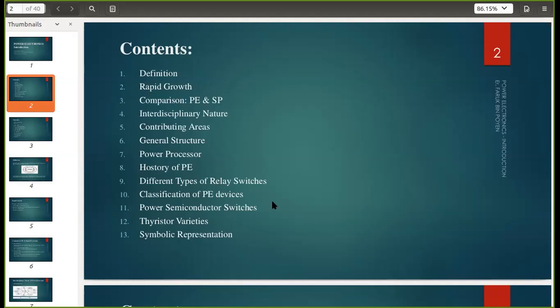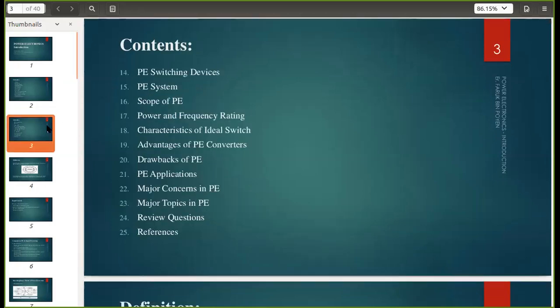Then we also study the thyristor varieties. Thyristor is nothing but an SCR, silicon controlled rectifier. What are its various varieties associated with power electronics, and how are thyristors symbolically represented in this topic? And what are the various power electronic switching devices?